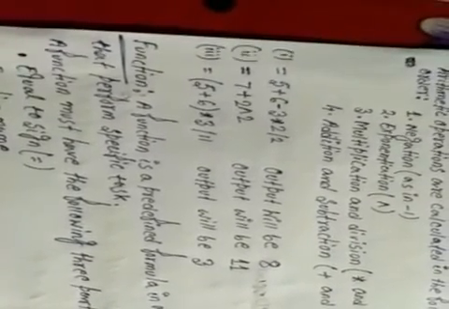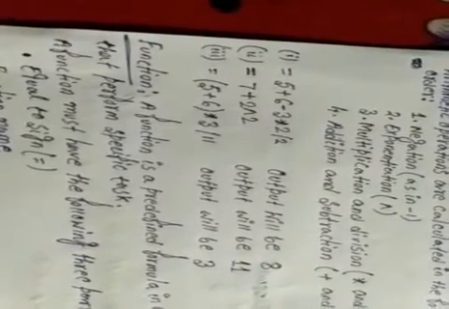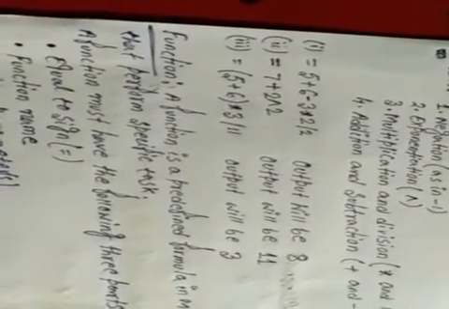Let's see execution process of second example. First 2 to the power 2 will be executed. Then the result will be added with 7. So the final result will be 11. Now we will see the execution process of third example.